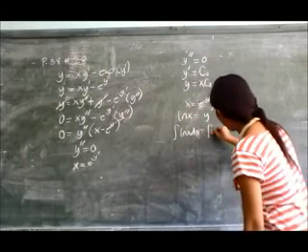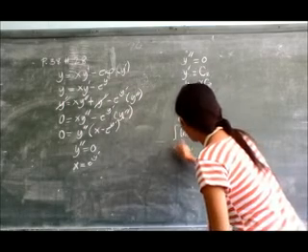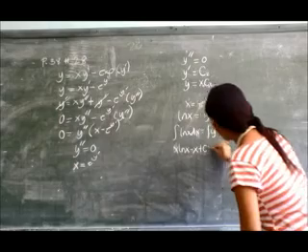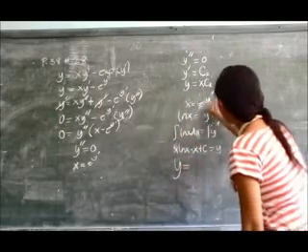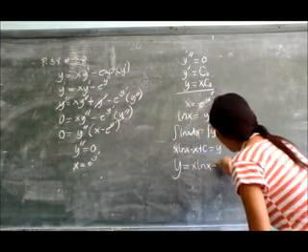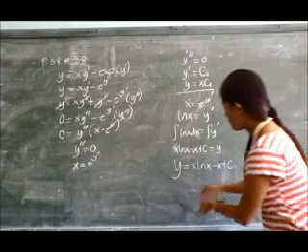We have ln of x minus x plus c is equal to y. So our y is simply equal to ln of x minus x plus c. So these values are the solution to this problem.